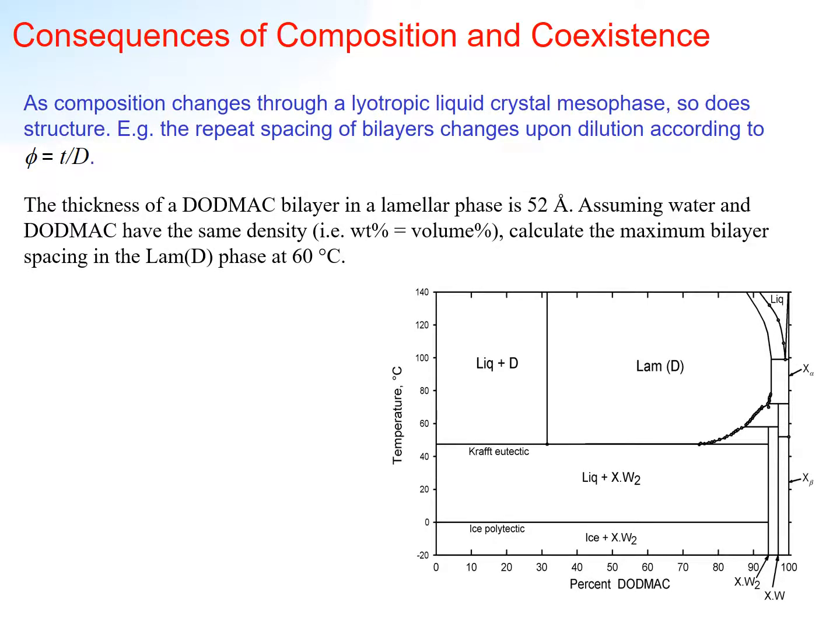If the thickness of a dioctadecyl dimethyl ammonium chloride bilayer is 52 angstroms, and assuming, just to make the calculation a bit simpler, that water and the surfactant have the same density, so that weight percent and volume percent are equal to each other, what is the maximum possible bilayer spacing that can occur in the lamellar phase at 60 degrees C?